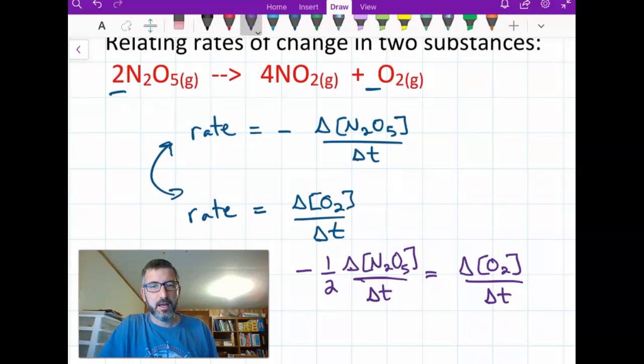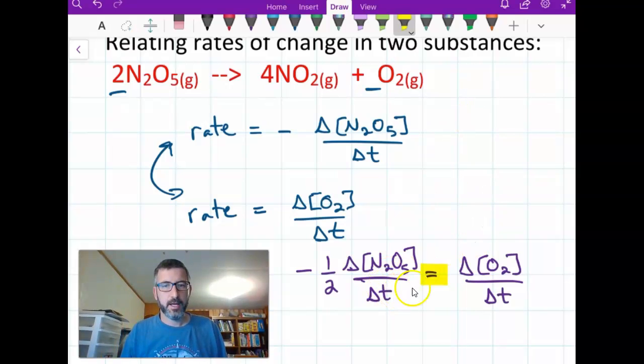And again, that's because in order for me to say that these two are equal to each other, I have to cut this value in half, because in fact, it's going to be changing twice as fast. And so by multiplying by 1/2, that allows me to say that these two values are equal to each other.